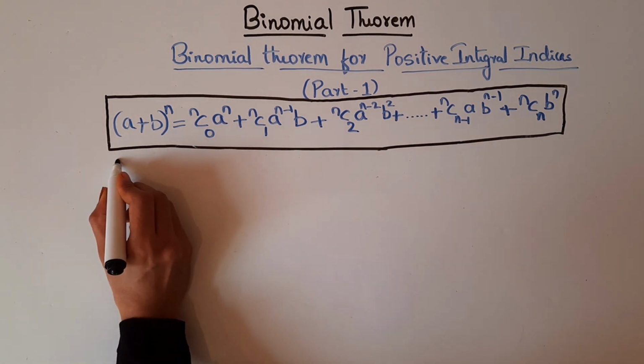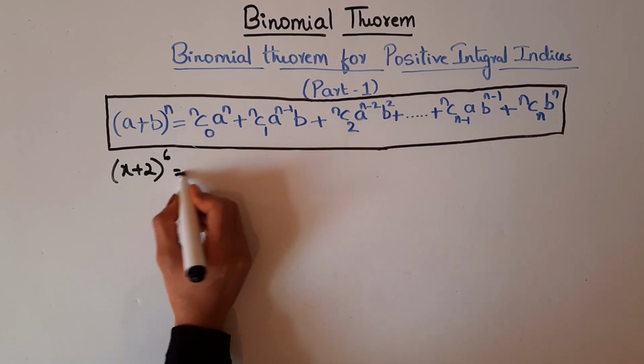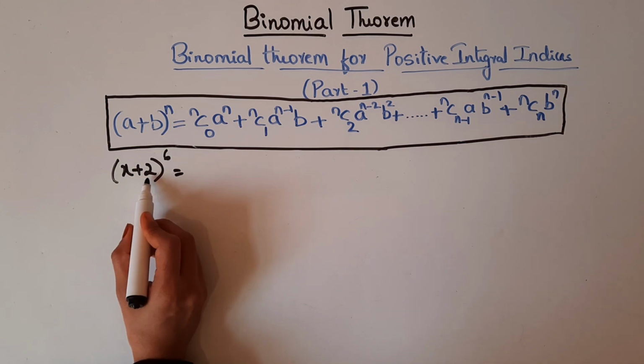Let's say we have a binomial expression (x + 2)^6. So let's put this formula. Here n is 6, a is x and b is 2.